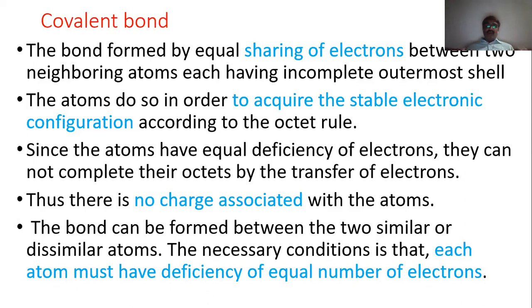The only necessary condition is that both atoms must have a deficiency of equal electrons. There should not be a situation where one is in excess of electrons and another is deficient; in that situation there will be a transfer of electrons, not sharing. So this is the important condition: a covalent bond may form between similar or dissimilar atoms having equal deficiency of electrons.